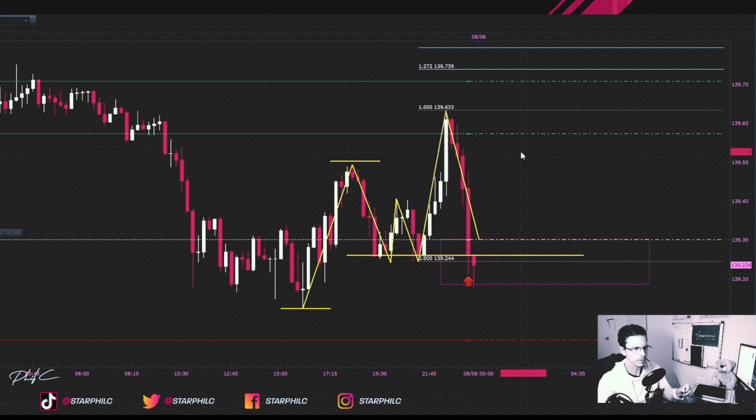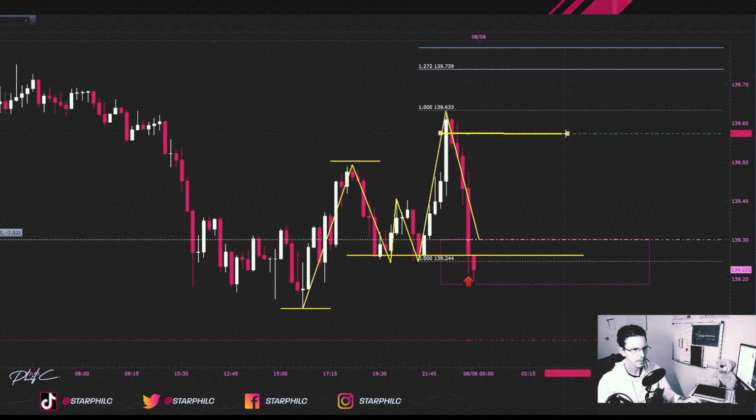So if I'm right on this trade, where am I getting out? Target 1 at a retest of the highs right up here. And then target 2 might get a little bit more out of this move right here at the 127.